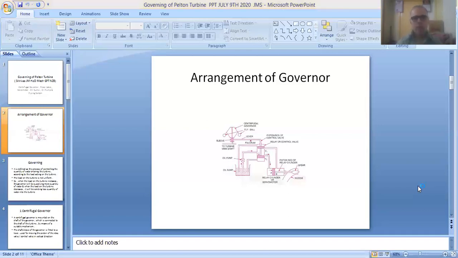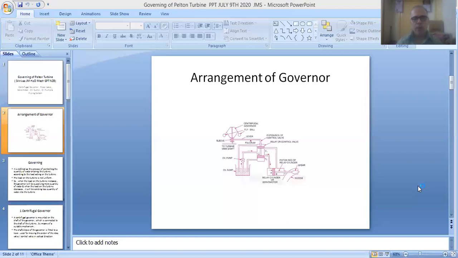Now, as the name itself implies, this relay valve is used for supplying high pressure oil into the servomotor.